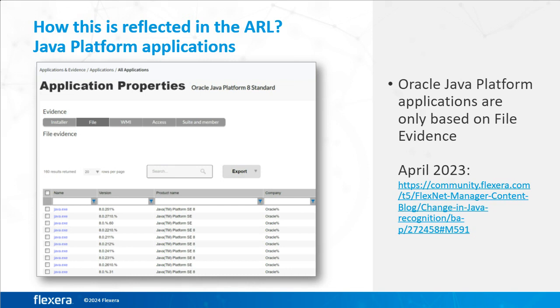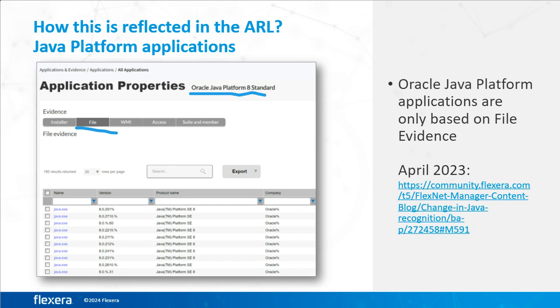So this is our Java, in this case Java 8. Let me use my pen again. So here's Java 8. This is the application, and we're seeing here the file evidence, right? And here are the patterns. It's only an example, so you see all the versions, 8, update 251, and so on.